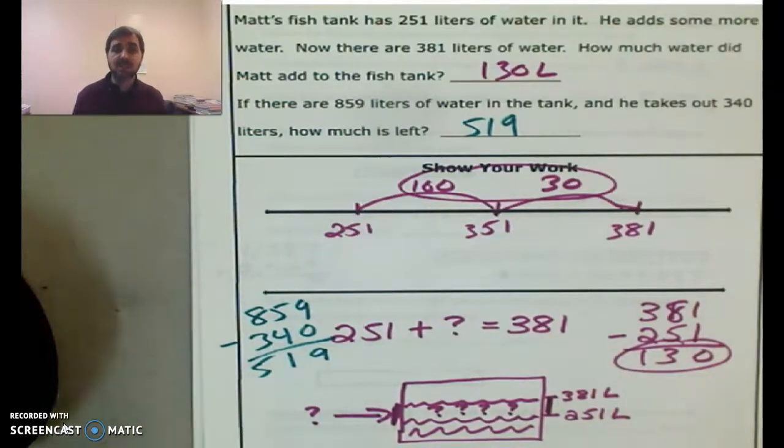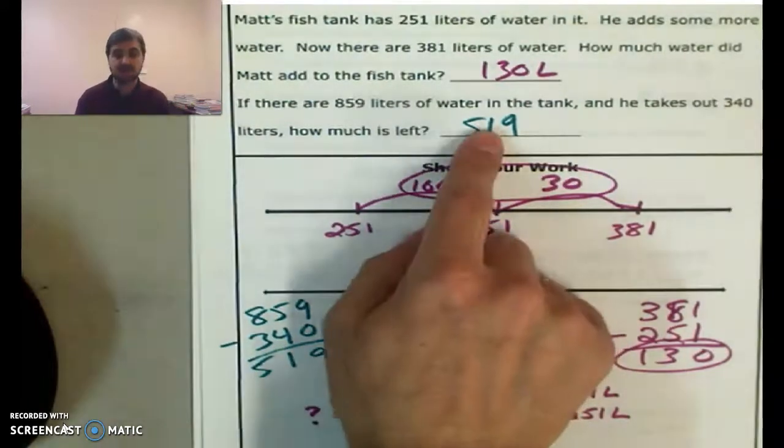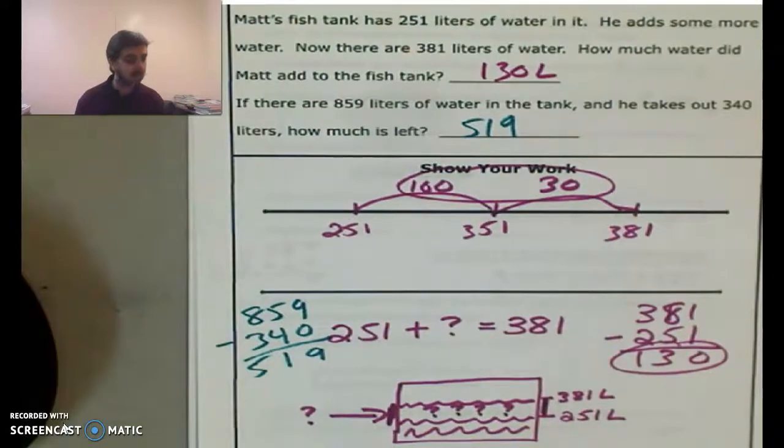So if I start at 859 and I jump back 300, I'm at 559, and then I just have to go back 40. 559 minus 40, I'm just looking at the tens place. There's a 5 there, so that changes to a 1. So now I get 519. Just another way of thinking about it.